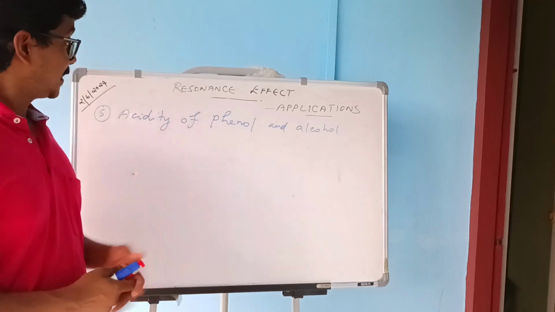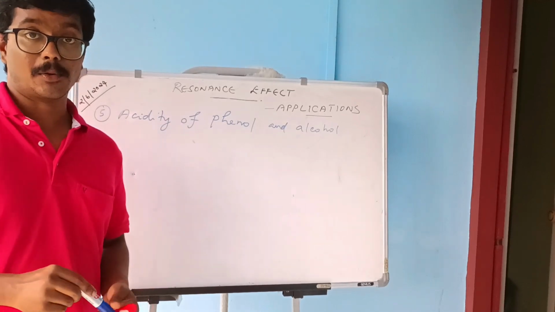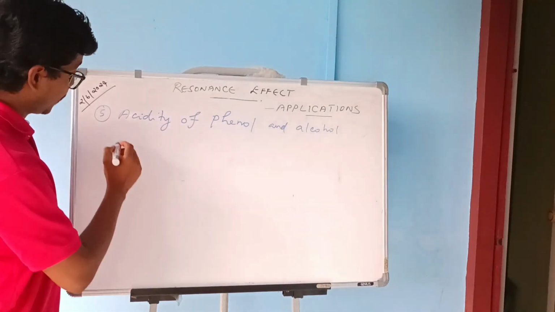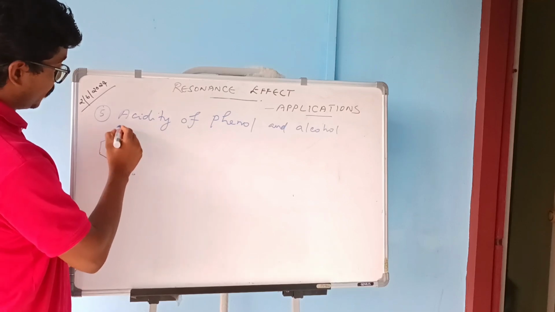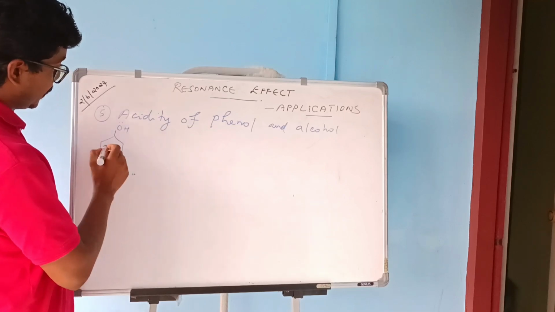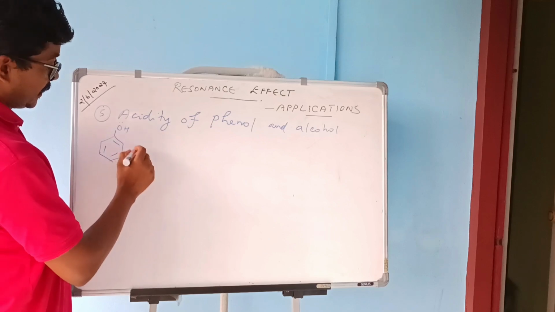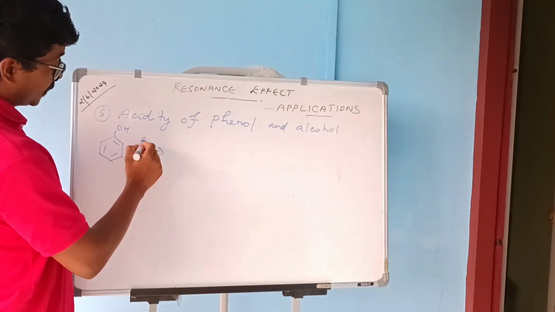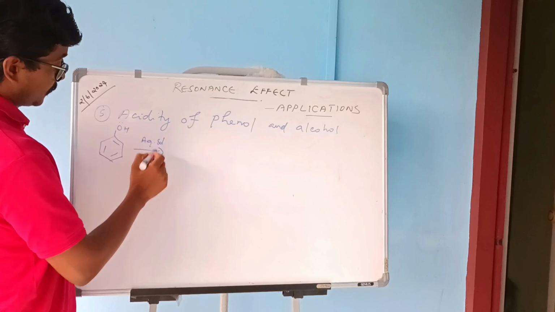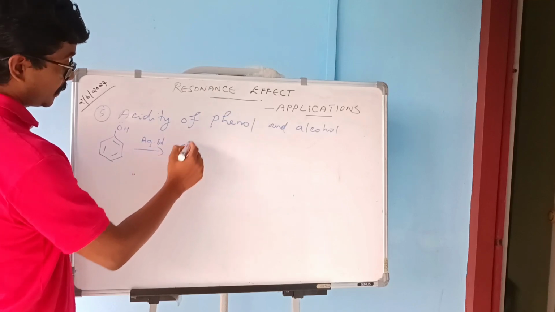The fifth application is the acidity of phenol and alcohol. Let's consider the example. Phenol is a benzene ring carrying OH. Okay, when this is in aqueous solution, what is going to happen?